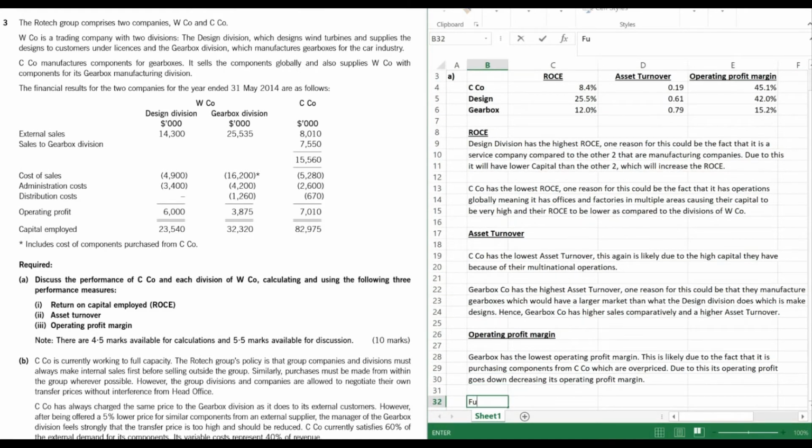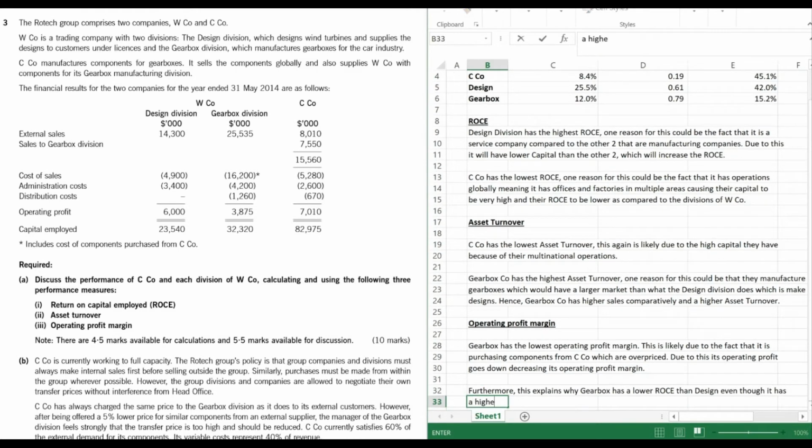Furthermore, now we can link it. This explains why Gearbox has a lower ROC than Design, even though it has a higher asset turnover.